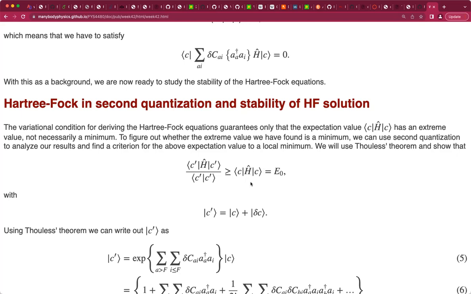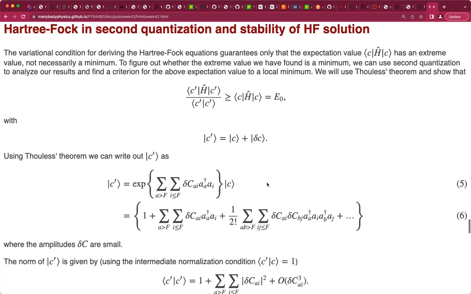So Hartree-Fock theory guarantees only that you reach a local minimum. Whether that's a desired local minimum, that's another issue. But what we are stating now is that this general Slater determinant in terms of particle hole excitations is something which now gives an expectation value which is larger or equal to the Hartree-Fock energy. That's the basic assumption we are making now.